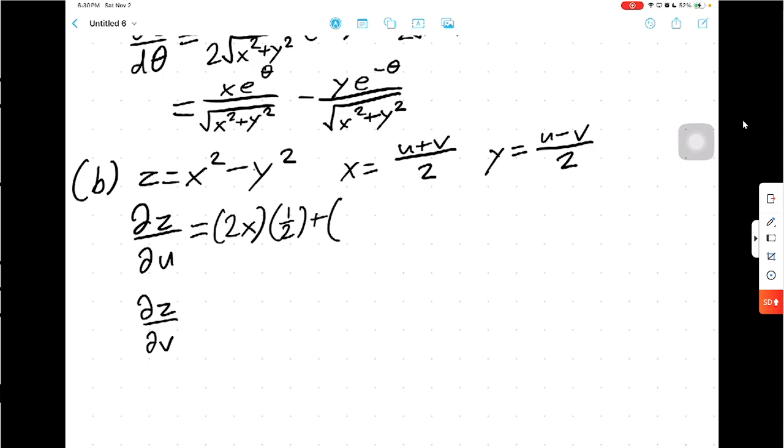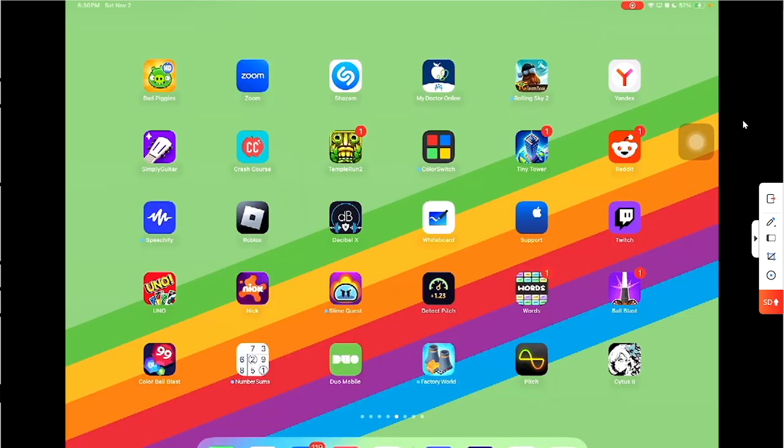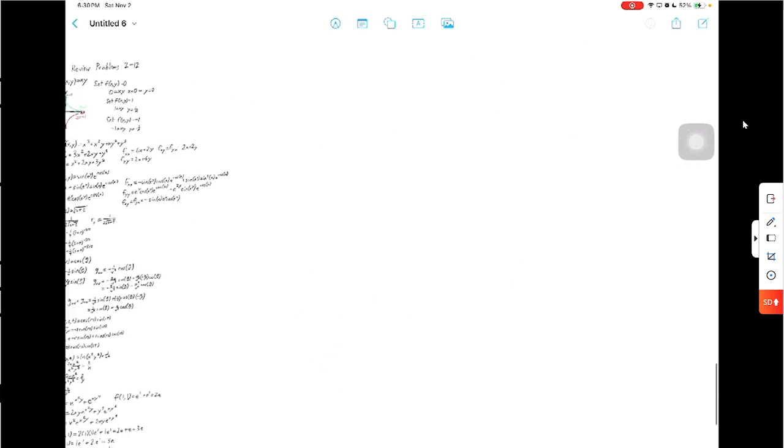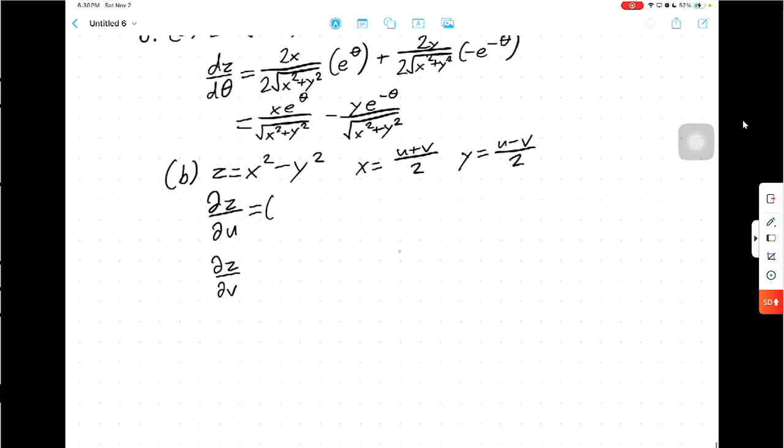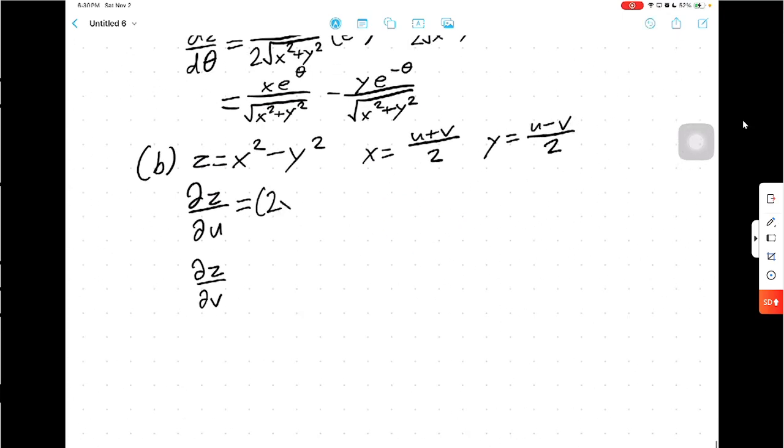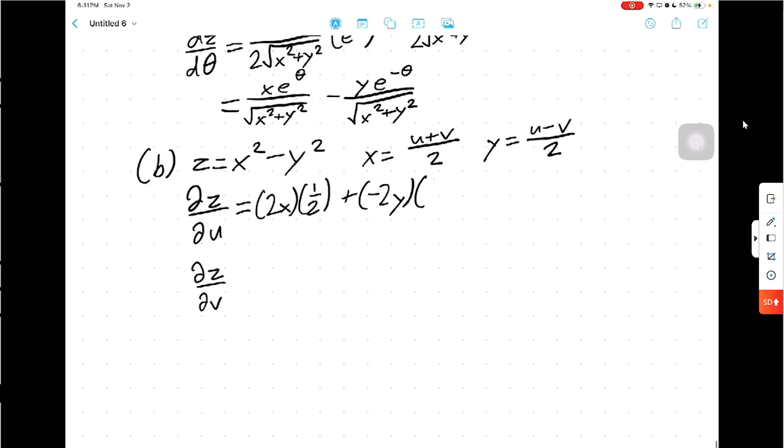plus partial z with respect to y times partial of y with respect to u, which is equal to x minus y.